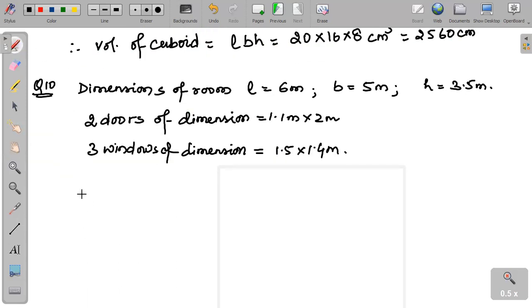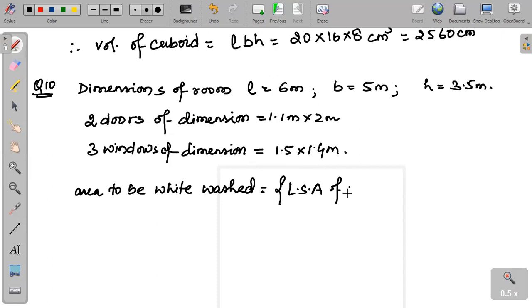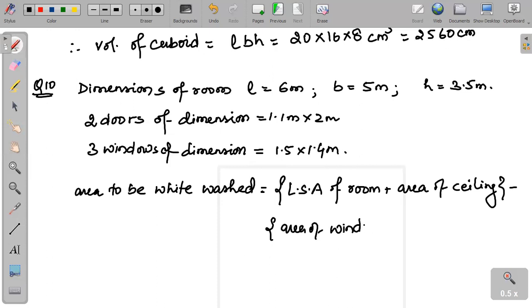Area to be whitewashed is equal to LSA, lateral surface area of room, plus area of ceiling, minus area of windows plus area of doors.